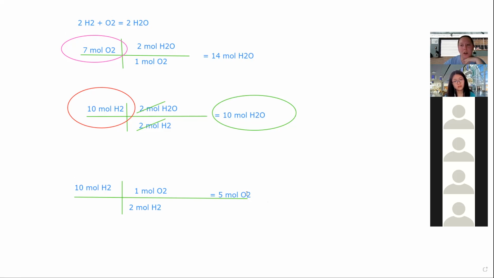So how much oxygen is left over after the reaction? We started with 7 moles of O2 minus how much we used, 5 moles of O2. And that means we have 2 moles of O2 left over.